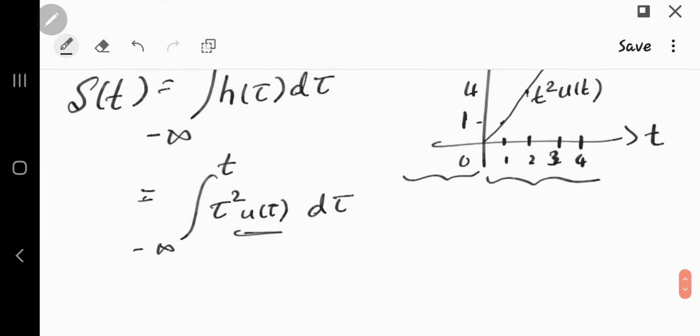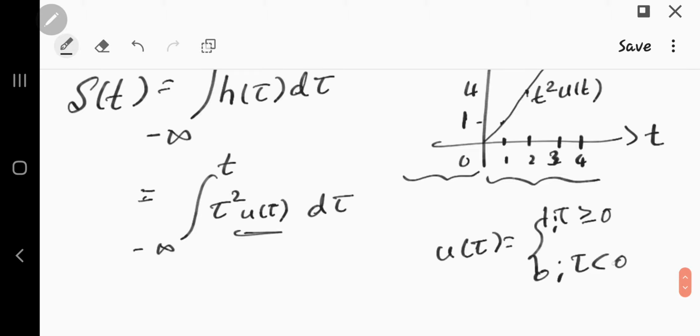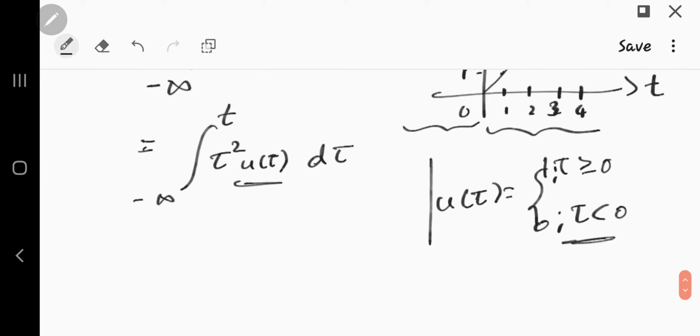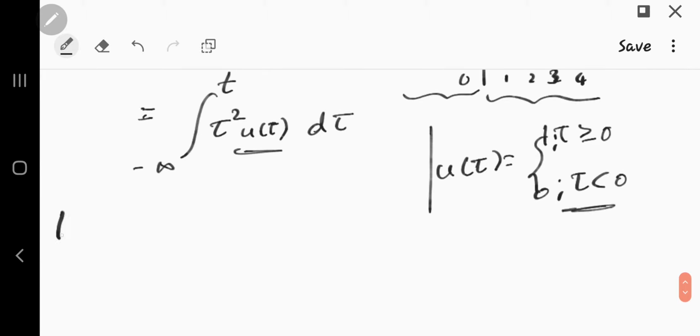You can see u of tau is there. So u of tau will be present only for tau greater than or equal to 0, and it will be 0 for tau less than 0. So based on this, we can simply write it like this.